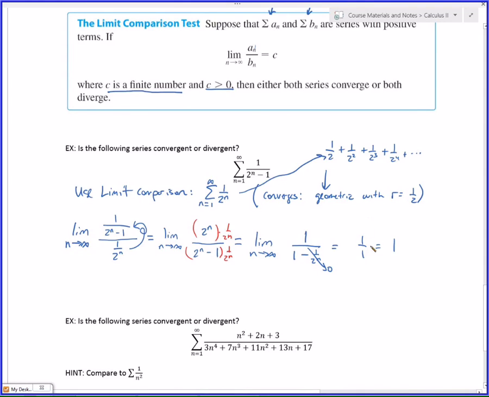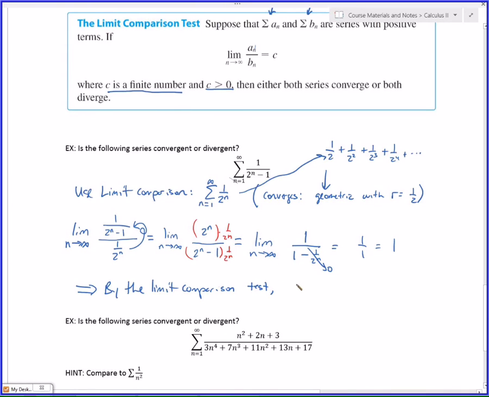Okay. Now check back in the theorem, right? It says you've got an unknown series and a known one. I took the limit of the ratio a sub n over b sub n, and I got a number c that was finite and positive. So then, by the limit comparison test, our unknown series does the same thing as our known series.